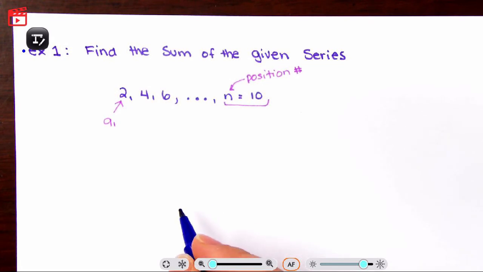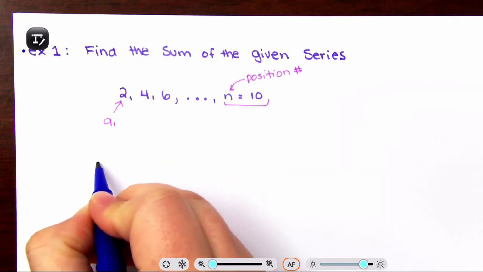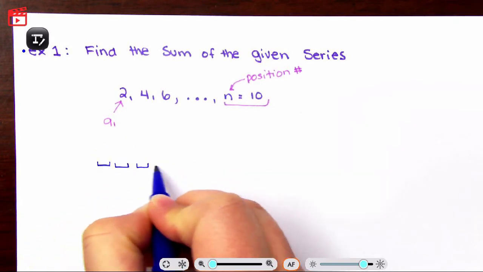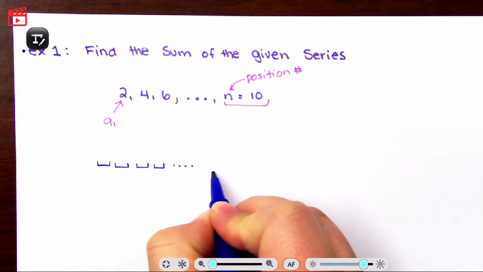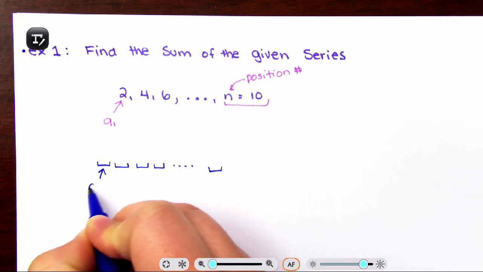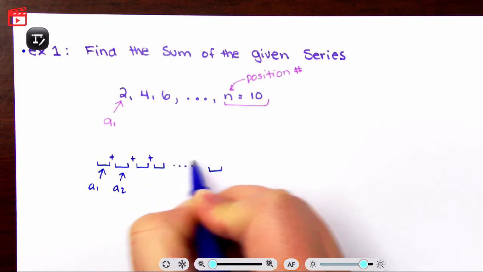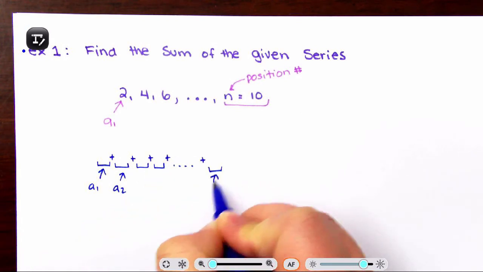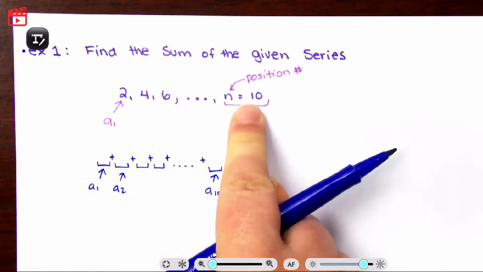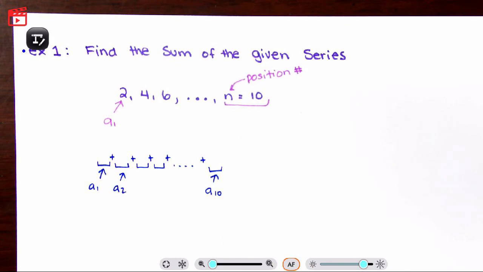All right, so when we're trying to find the sum of the given series, we're trying to take 1, 2, 3, 4, etc. This is our 10, so this is our a sub 1, a sub 2. We are adding all of these numbers together, and this is going to be our a sub 10. We know that we are stopping at the 10th term because they give us the n number or the position number.